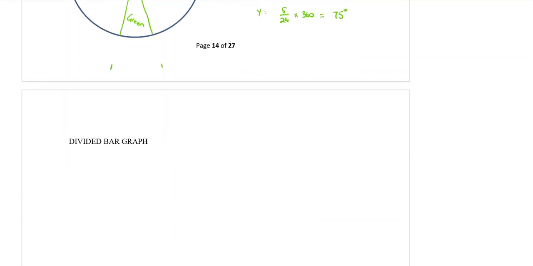Okay, last one is the divided bar graph. So first of all, we're going to need to do our calculations again. We're going to do a 12 centimetre bar. So starting with pink, we had 6 people out of 24 choose pink, and we're going to times that by 12.